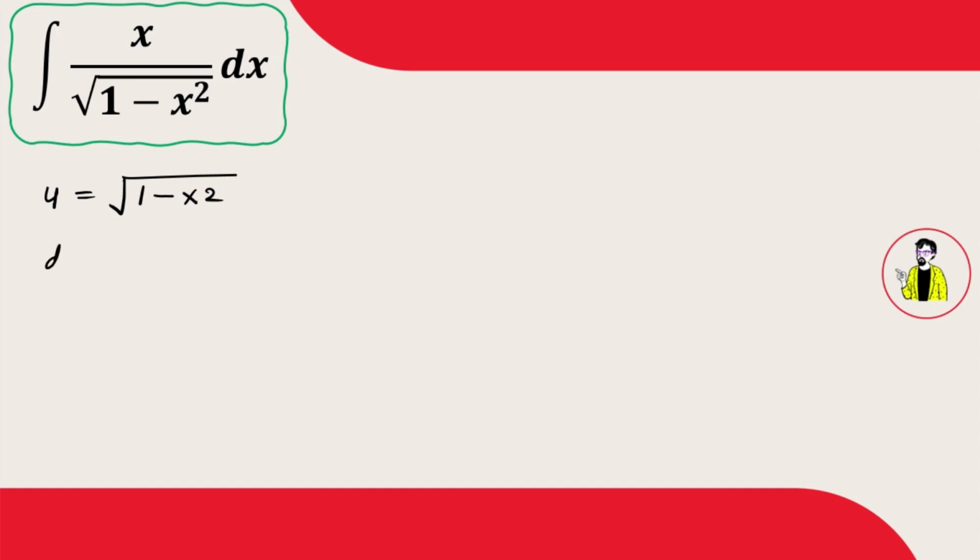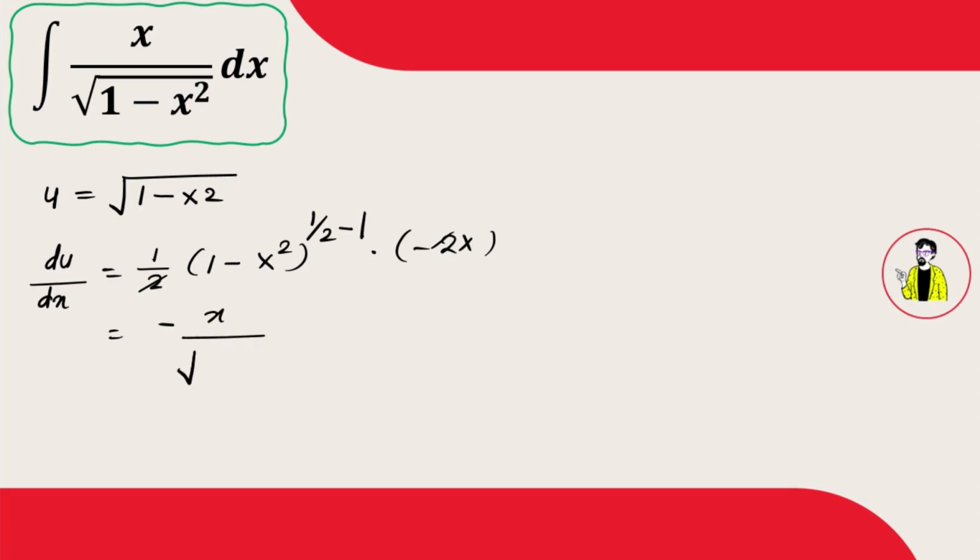So we differentiate this one, du over dx equals half times 1 minus x squared to the power half minus 1 into minus 2x. So the half cancels. Here you have minus x over square root 1 minus x squared. Now we can write minus du as x over square root 1 minus x squared dx.